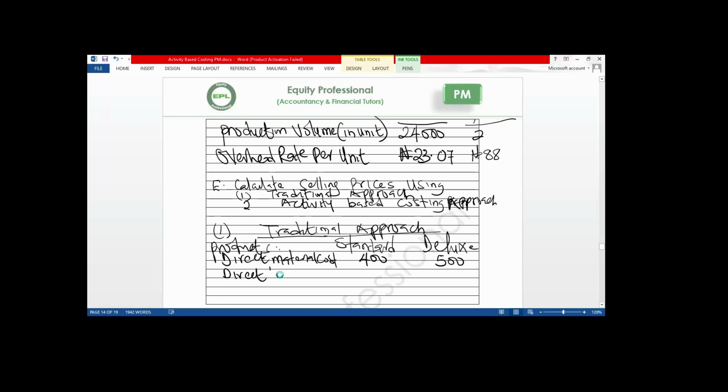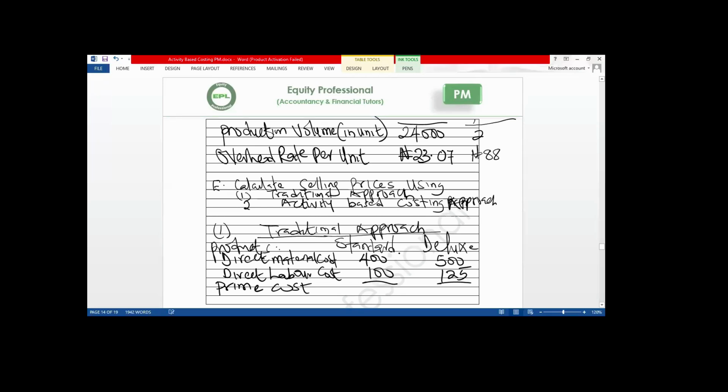Direct labor cost: this is 100 naira, this is 125. You can sum these two. This will give you your prime cost. In this question, we don't have direct expenses, so direct material cost plus direct labor cost will give you the prime cost.